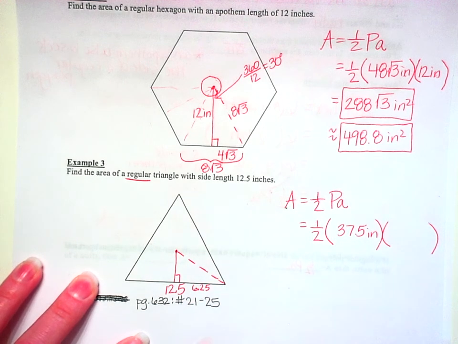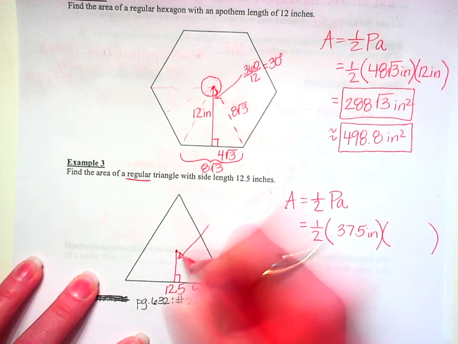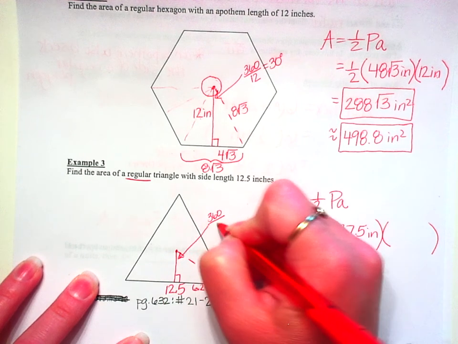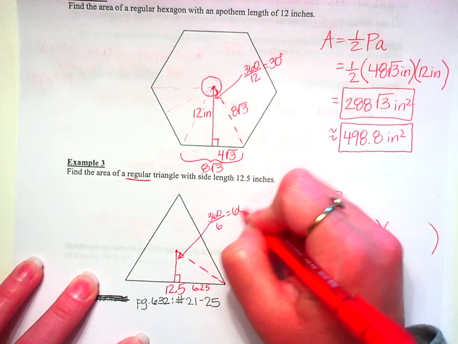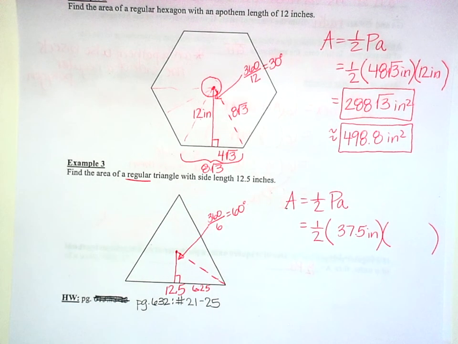And this angle is 360 divided by 6, because I can fit 6 of these right triangles inside the big triangle. 2 on this side, 2 on this side, 2 on this side. So I get 60 degrees. So that means this is a 30, 60, 90 triangle.